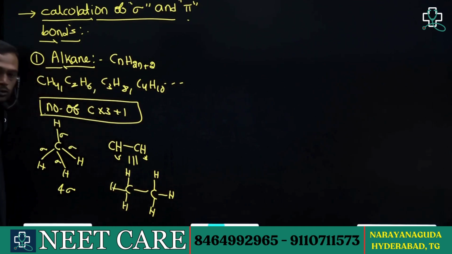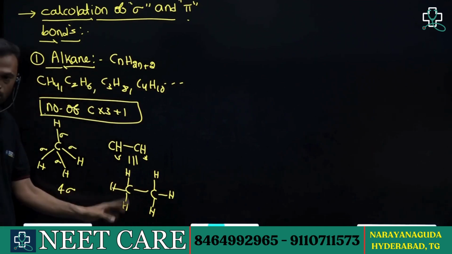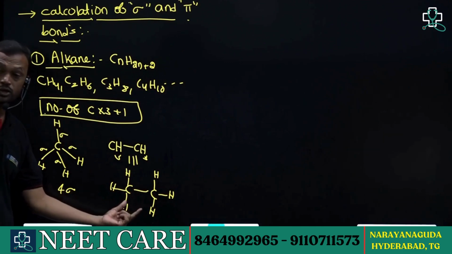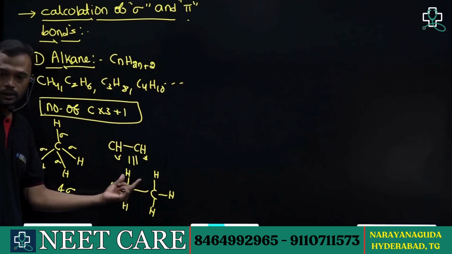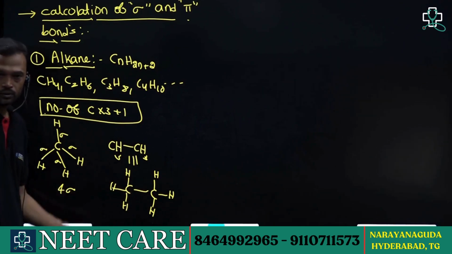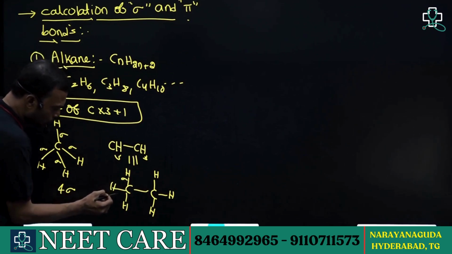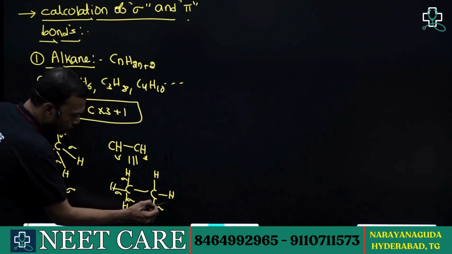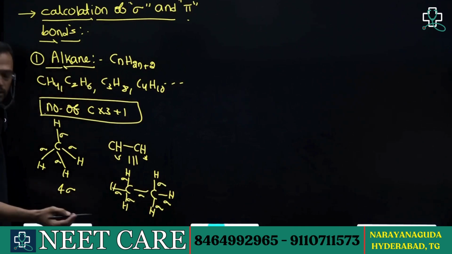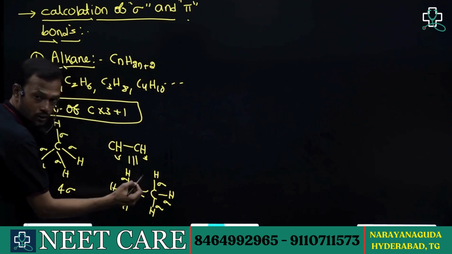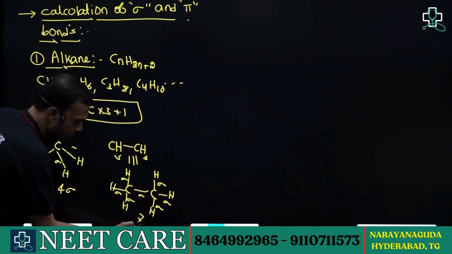If I write the structure clearly, can you say the number of sigma bonds is 7? Here this is 1, 2, 3, 4, 5, 6 and 7. Total 7 sigma bonds. So by watching the structure of a given alkane, I can say it carries 7 sigma bonds.